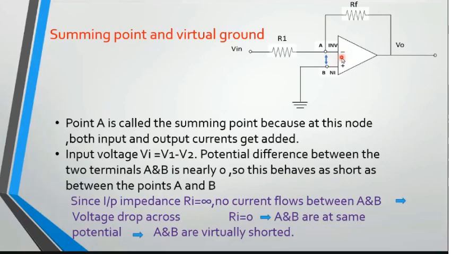Now tell me, when can the current flow? Current can flow only when there is a difference in potential. But because the resistance is very high, VA and VB both will be at the same potential, so VA minus VB will be zero, and because they are at the same potential, no current can flow here. And if current cannot flow through anything, then you call it ground. So this is called the virtual ground.